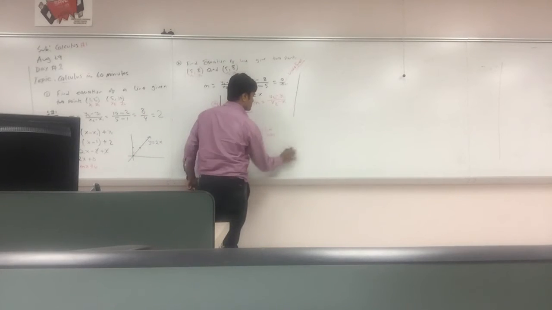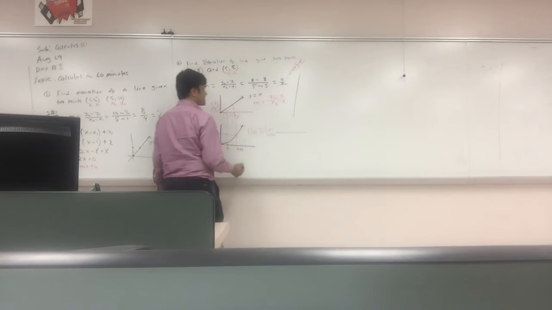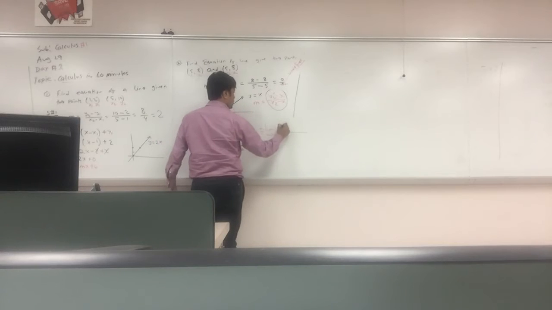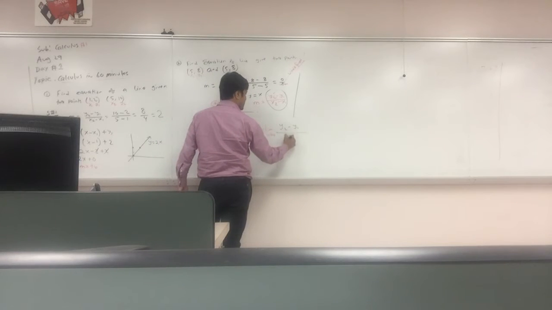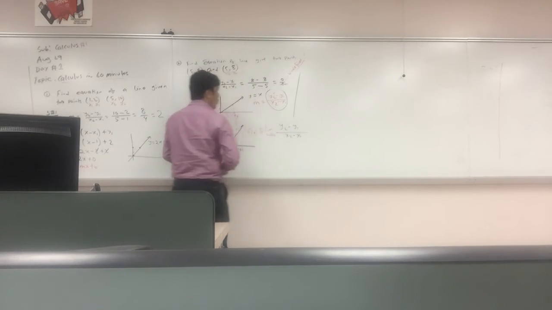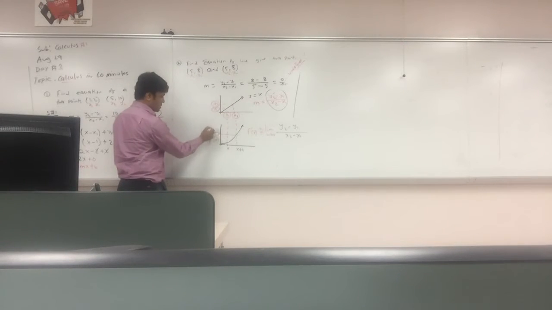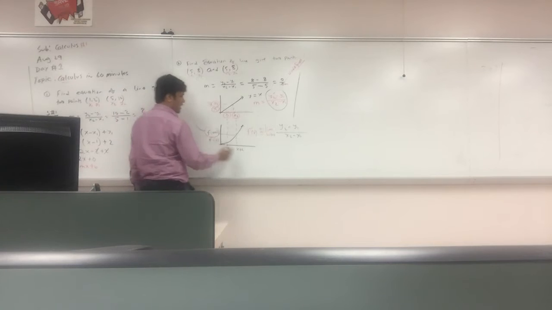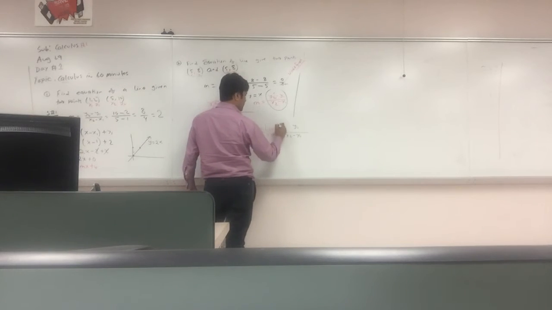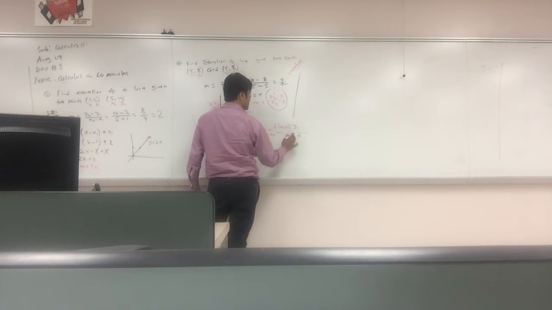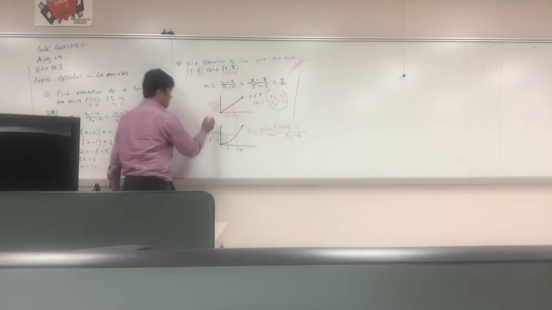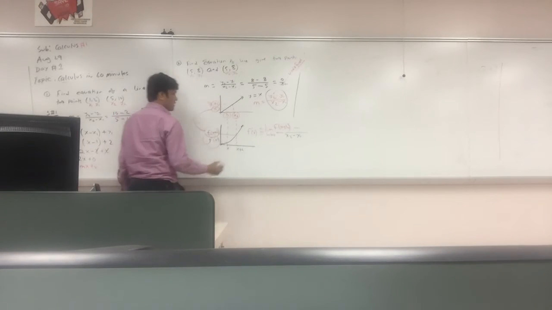Just to help you understand it, I'll write it. y2 minus y1 over x2 minus x1. y2 will be replaced by this one because this is y2, so f of x plus h, and y1 should be replaced by this guy, f of x.